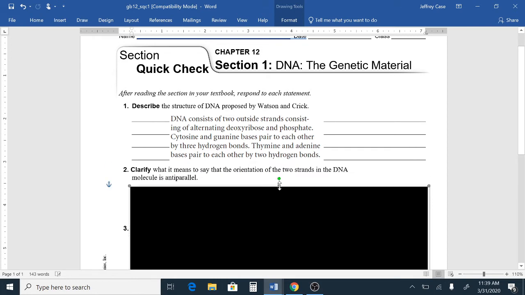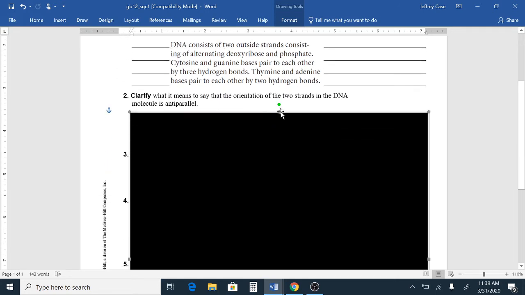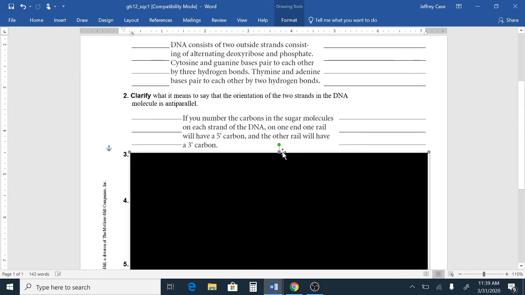Number 2, clarify what it means to say that the orientation of the 2 strands in the DNA molecule is anti-parallel. That one's easy.